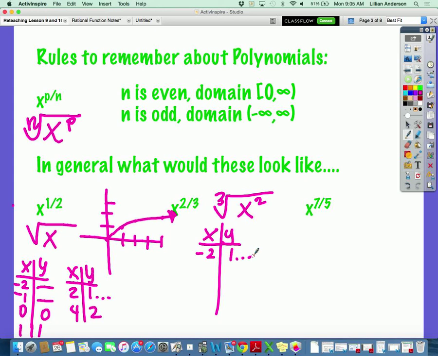Remember, we're just trying to get a general idea of what these look like. When I plug in -1, what's -1 squared? 1. What's the cube root of 1? 1. It's exactly 1. What happens when I plug in 0? What do I get? 0. What about when I plug in positive 1? 1. And then when I plug in a positive 2, 1 and some change.